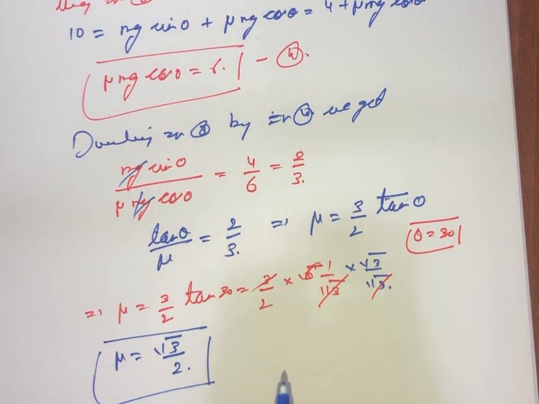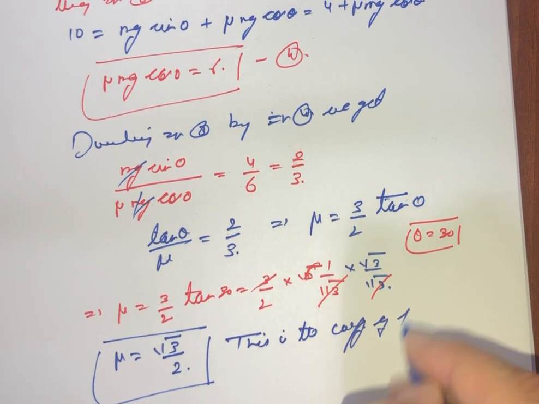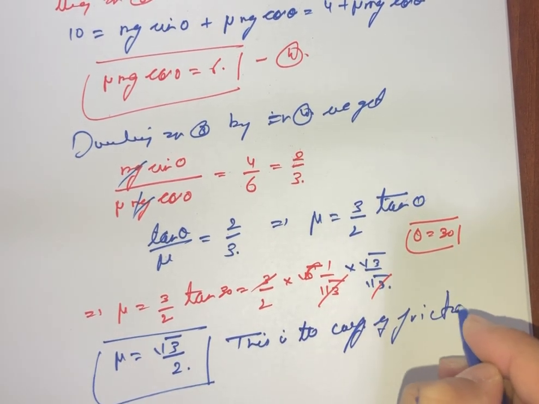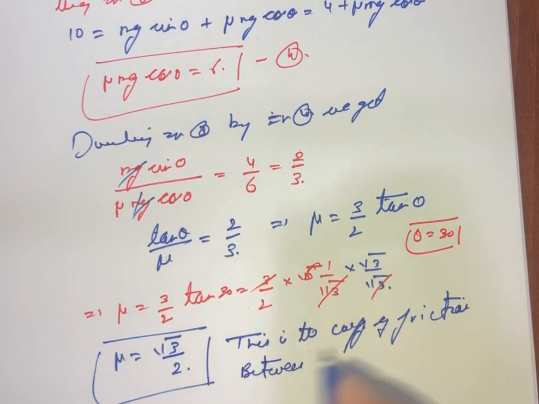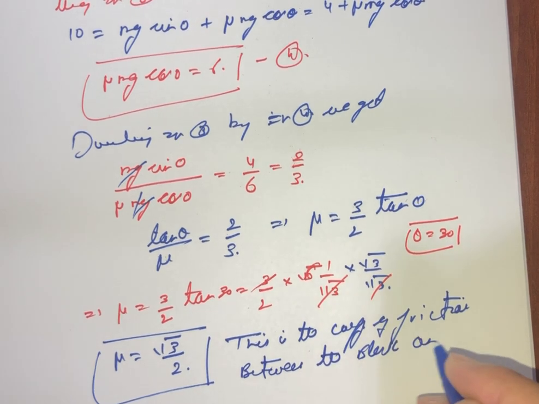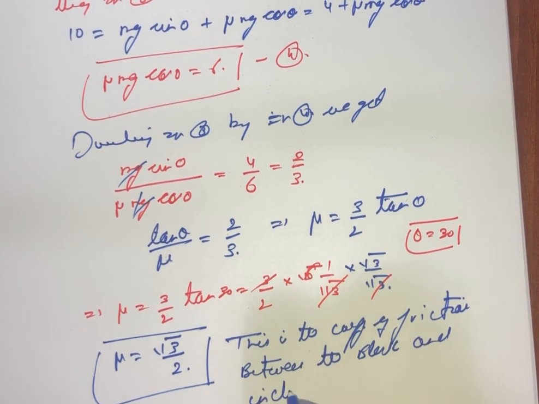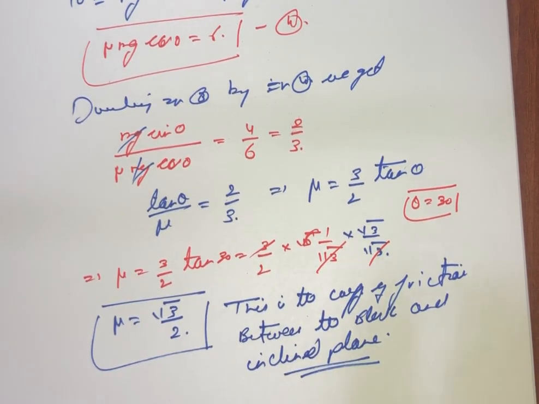So we can say this is the coefficient of friction between the block and inclined plane. So this completes the question. Thank you.